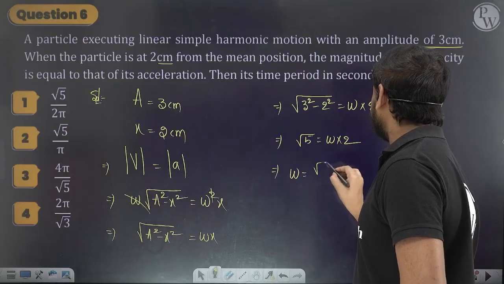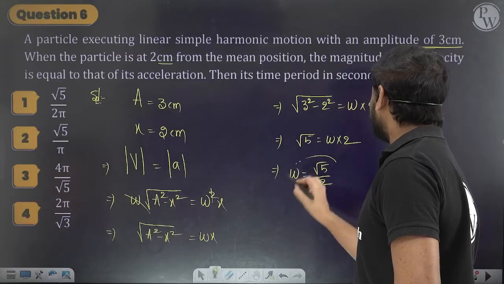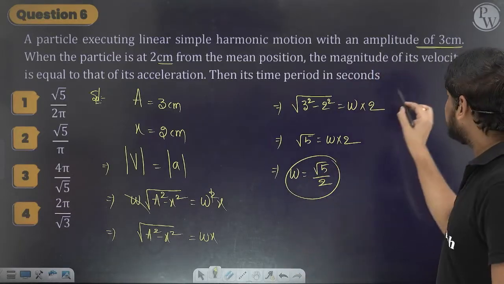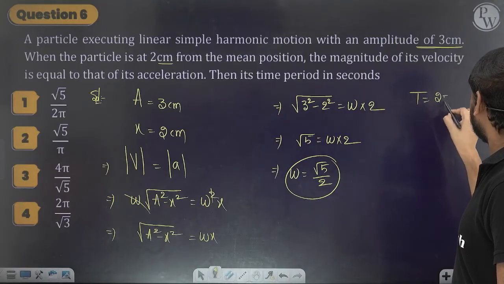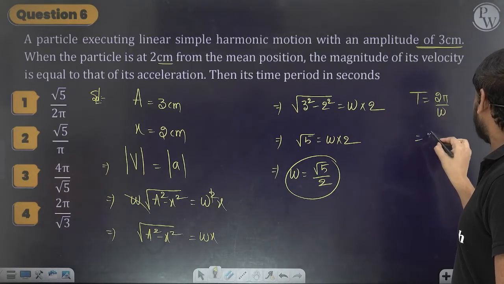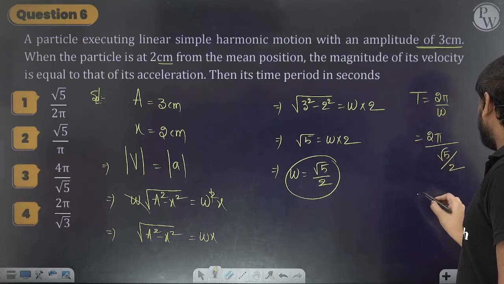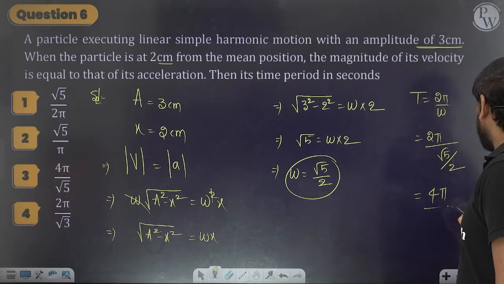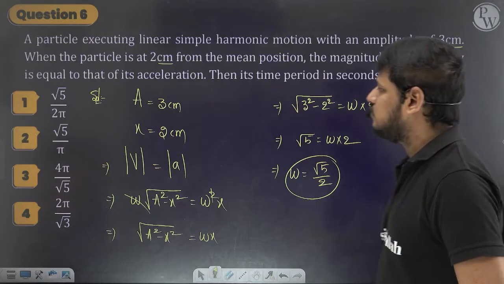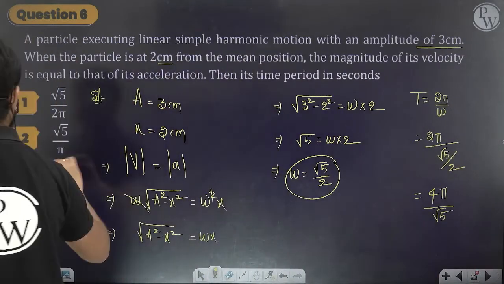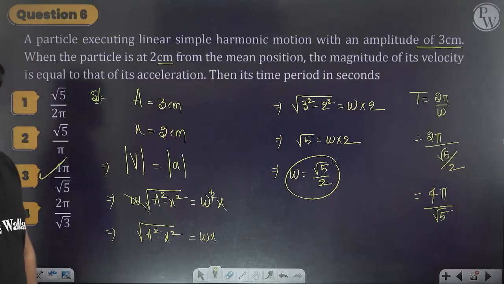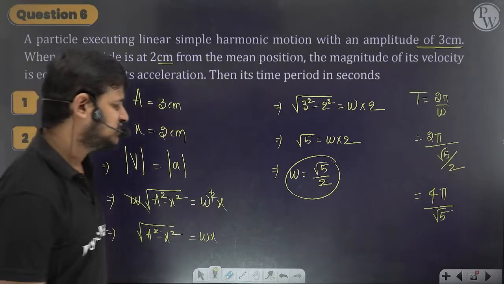Root 5 by 2. So done, we got the omega. Then what's the time period? The time period equals 2 pi by omega, which is 2 pi by root 5 by 2. So 2 will go up, 2 into 2, 4 pi by root 5. So 4 pi by root 5. Clear? Understood, guys?